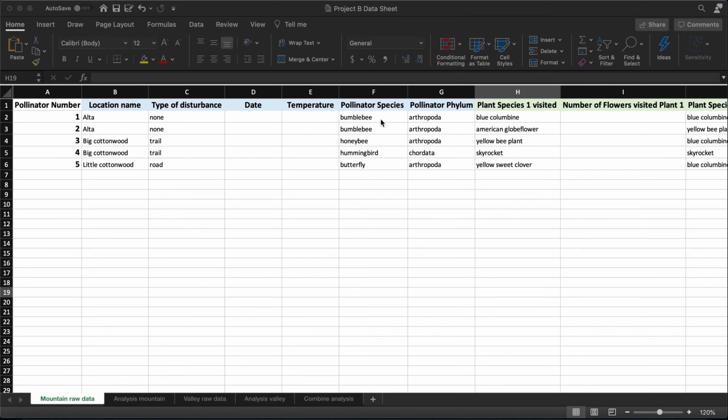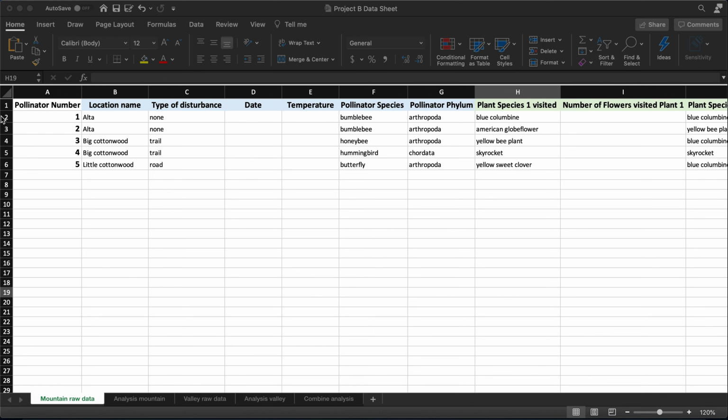Okay, and then you can find on the internet the phyla, so that will be Arthropoda. And then I continue here, and there's another bumblebee that hypothetically I saw, Arthropoda here, then a honeybee, the phyla is Arthropoda, and so on. You can see that I also included here a hummingbird, which is Chordata, and then the butterfly, which is Arthropoda.